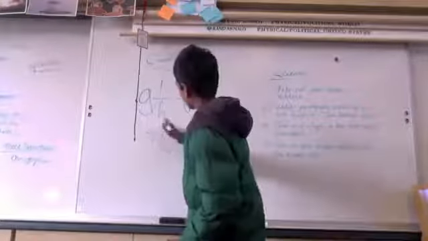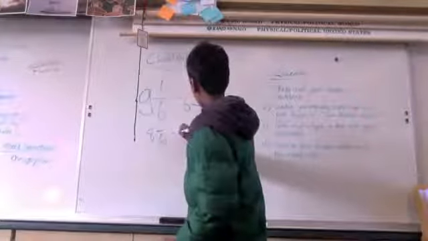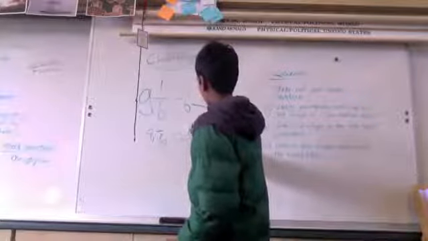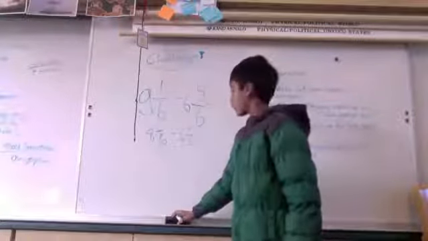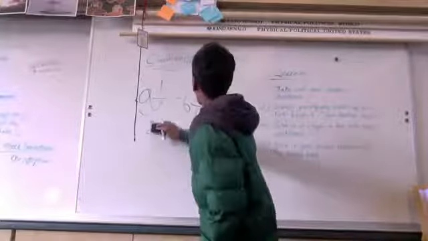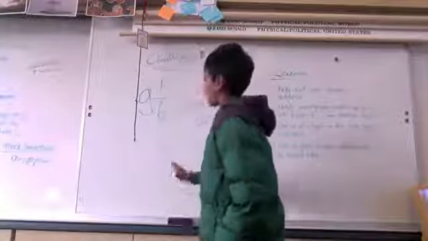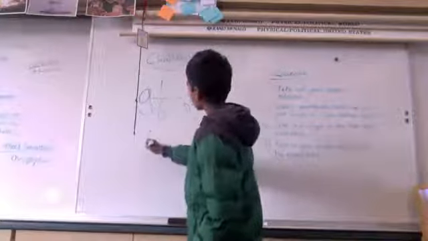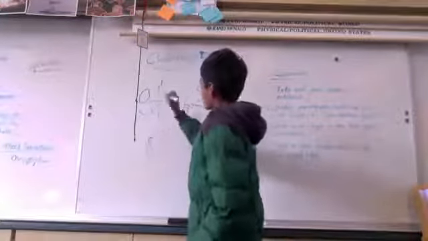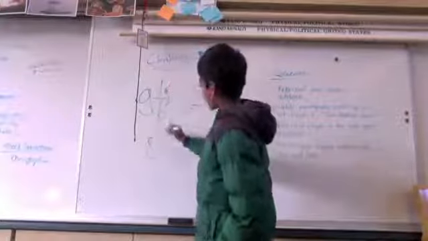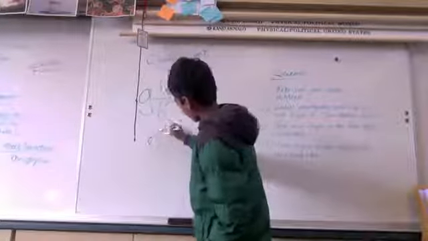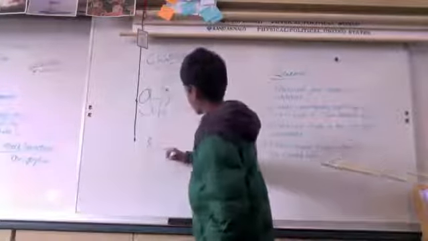Let's rewrite this now. 8 and 1/6 minus 6 and 5/6. I think we forgot something. Okay, this is wrong. So you do 9 minus 1 is 8, but then you add 6 plus 1, and then you write that number at the top, which is 7/6.